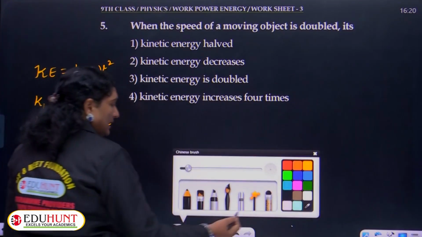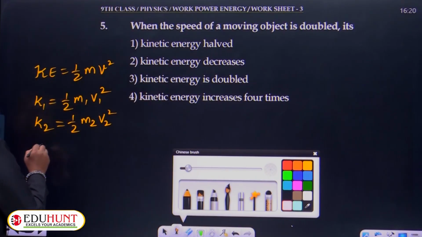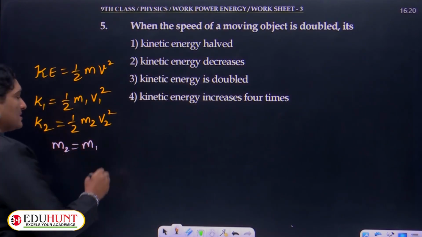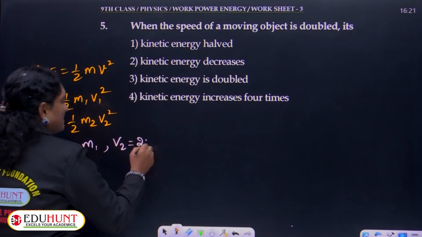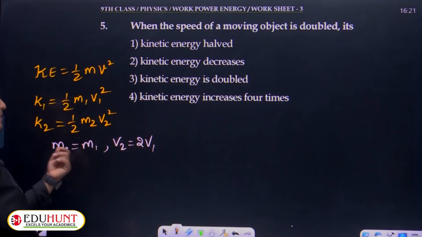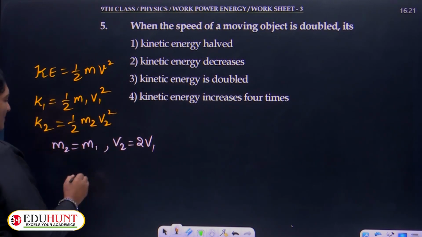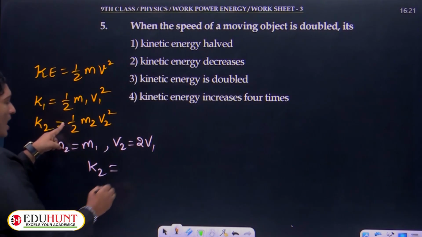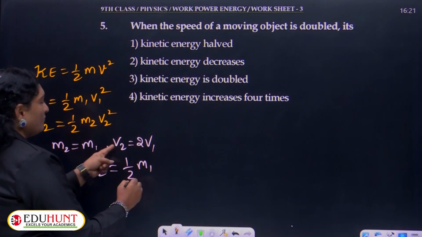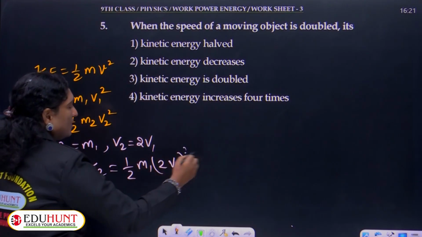So K1 is half m1 v1 square and K2 is half m2 v2 square. What they have given is, you're asked to find the value of K2 where half is of course constant, mass is the previous mass itself, whereas velocity is double the previous velocity. V2 is 2 times the initial velocity but mass remains constant, m2 equals m1. Substituting all the values in the above equation, we have K2 is equal to half of m1, and instead of v2 I replace it with 2v1. So v2 square means 2v1 whole square.